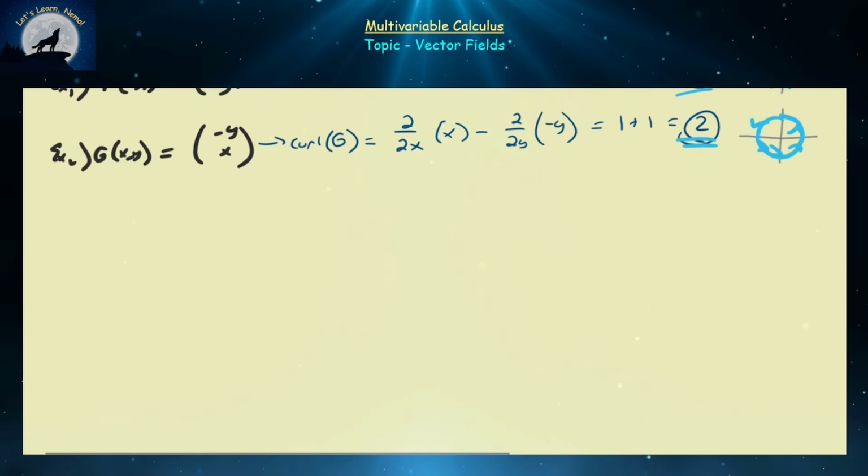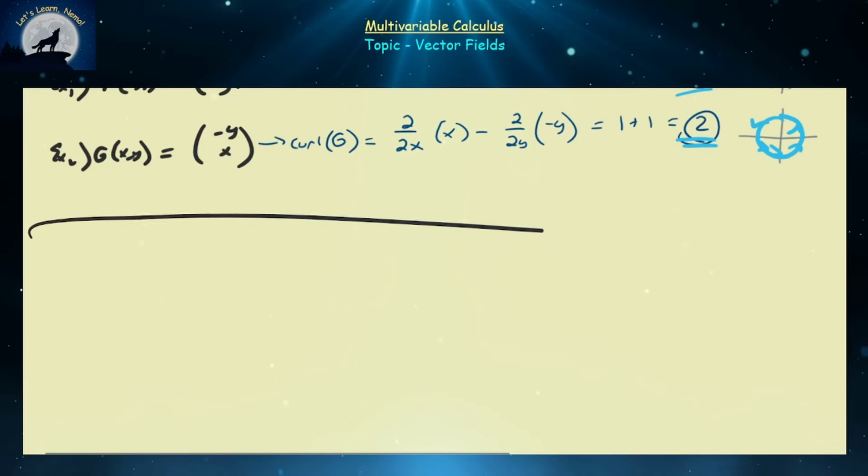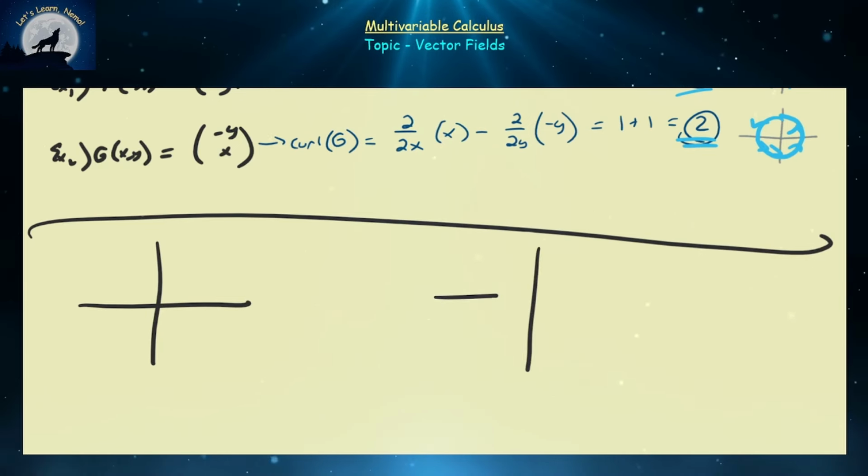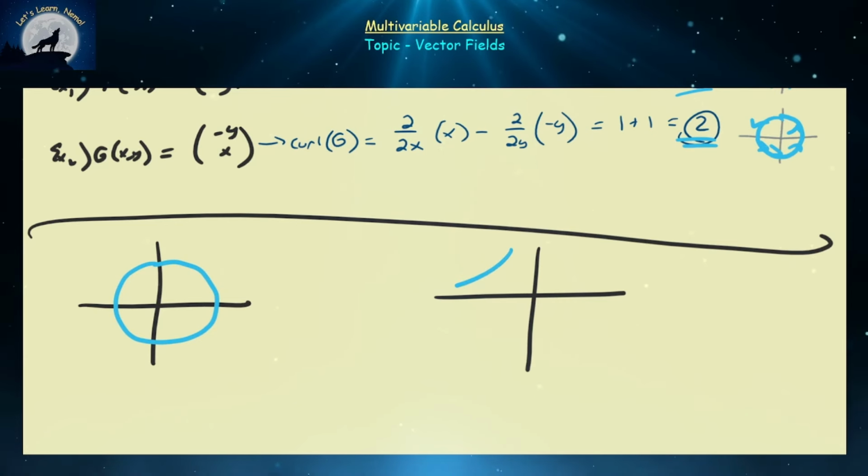So if we create a little summary chart of what we have here, so we have our vector field. Let's actually do it in 2 separate colors. Let's do that field here, and then this field here. So we have our circular field here, and then we have our field here.